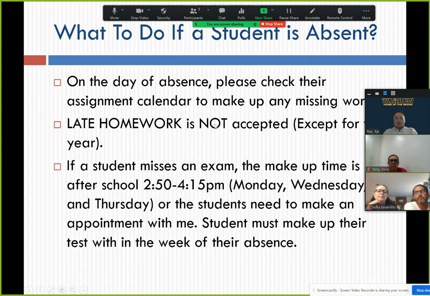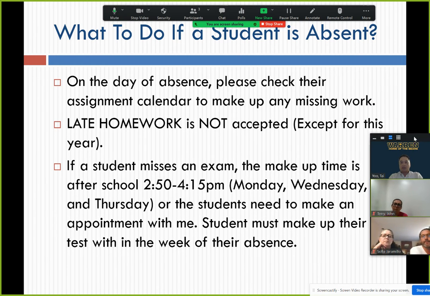All right, if the student is absent, as long as they have an excused absence, we'll give them that many days to make up their work. I usually don't accept any late homework; I'll just give them a zero. In the past, I used to do that, but for this year and also last year, because of the unfortunate situation, I am accepting some late work.